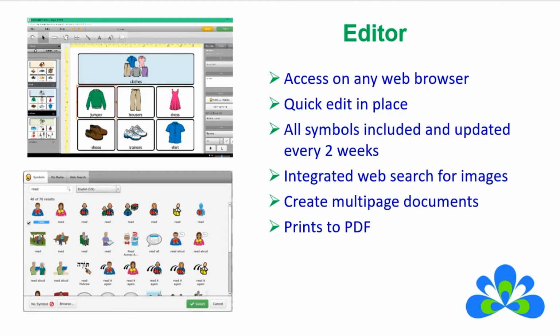It is integrated with web search for images, so if there's not a symbol that you wish, you can quickly click on the web search tab and find an image from Google Images. You can create multi-page documents, and as we'll see, it prints to PDF, which overcomes a lot of past issues with printing.